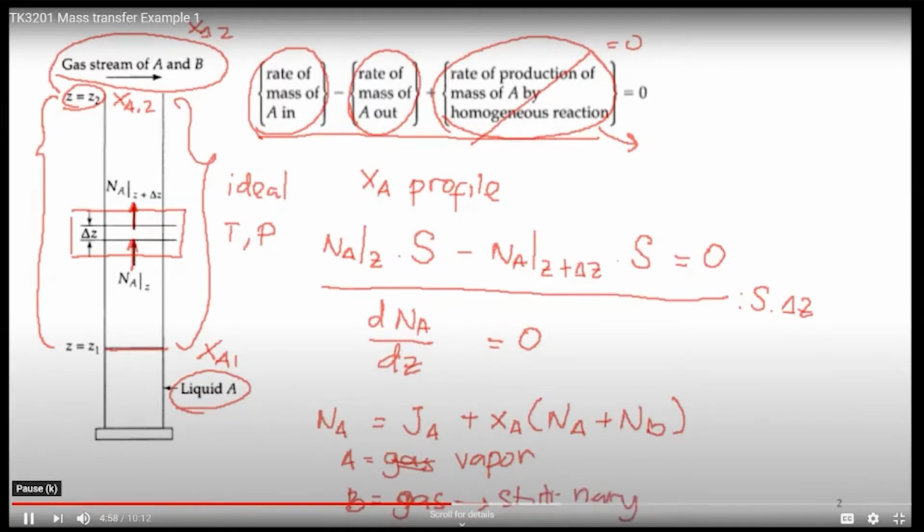So NB is equal to 0. So at last, I will have NA equal to JA divided by 1 minus XA.